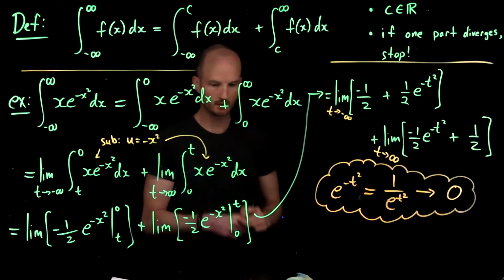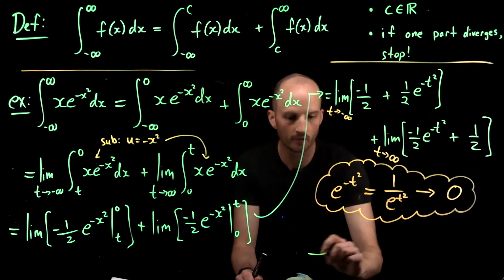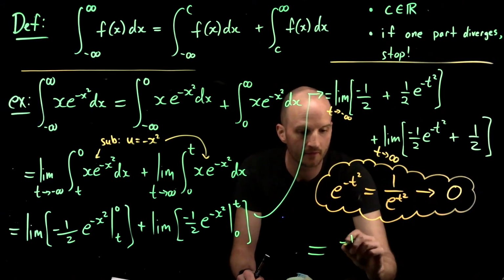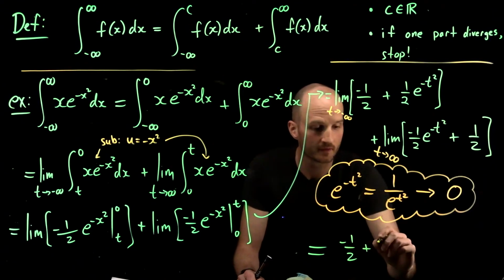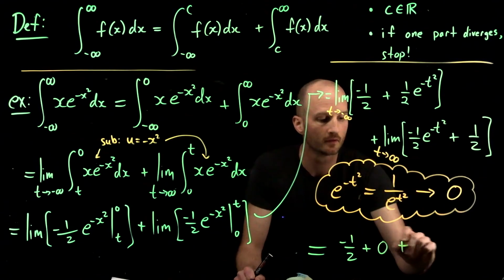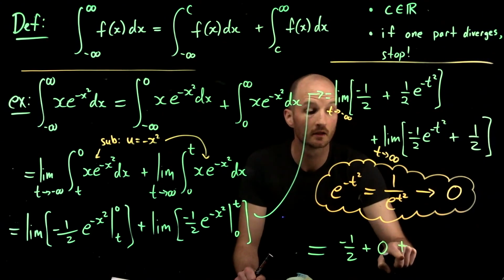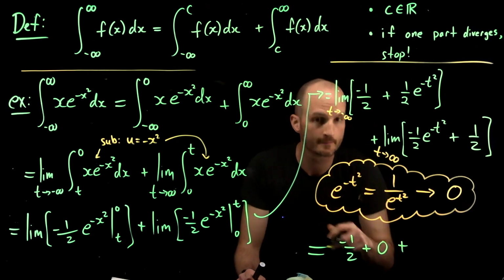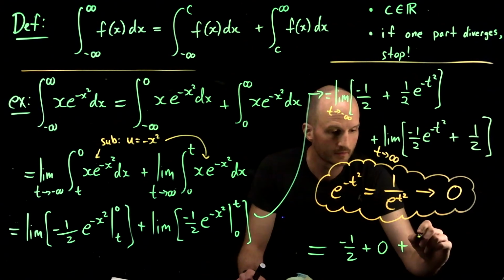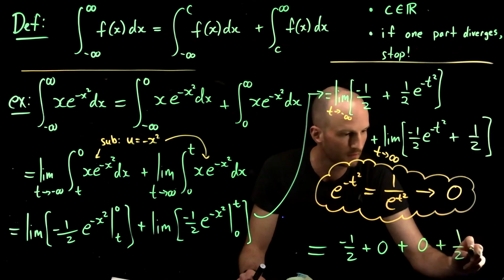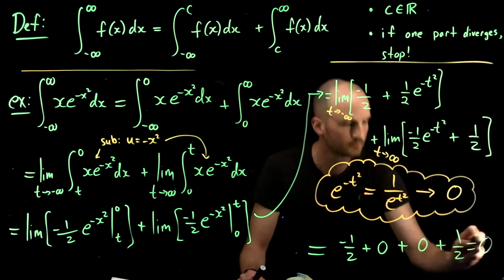In both cases, you're getting zero. So this first limit is minus a half plus 0. And then the second is plus 0 plus a half. So we get these two things canceling, oddly enough, giving 0.